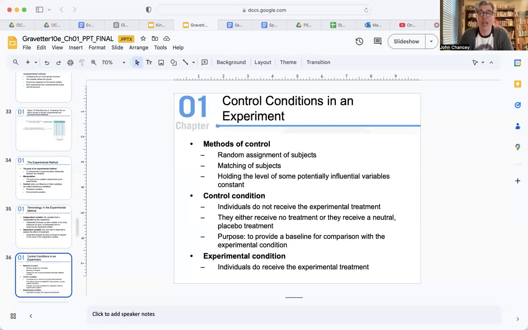When we control things, we can control in terms of experimental design. We can randomly assign subjects to their group, the experimental versus control group. We can try to match subjects in terms of making sure the groups are balanced.